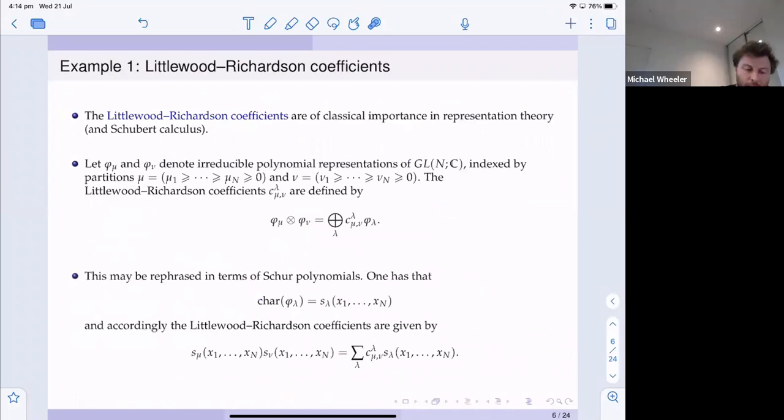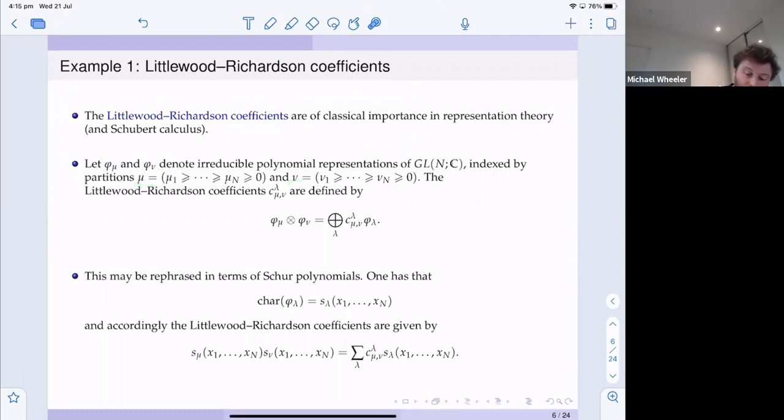So the first one is going to be the Littlewood-Richardson coefficients. Okay, so Littlewood-Richardson coefficients, very important in representation theory and Schubert calculus. And one way of defining them is if I take 2 irreducible polynomial representations of GLN, let's denote them by phi mu and phi nu. So these representations are indexed by partitions.